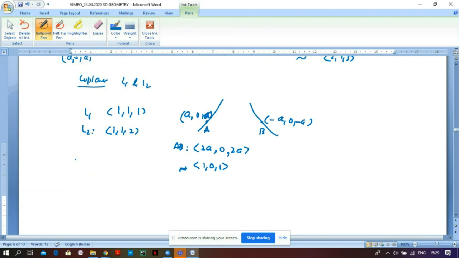Taking 2a common, it is just 1, 0 and 1. So these three directions I will check. Let me make a determinant and write 1 1 1, 1 1 2 and 1 0 1. I want to find this determinant.